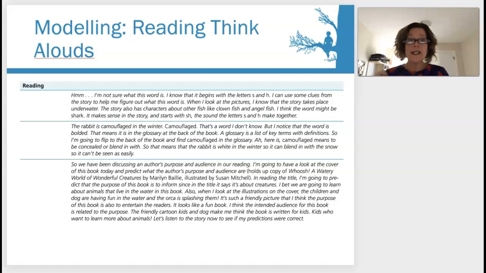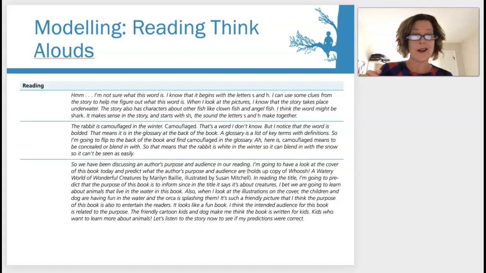Okay, so these think alouds are actually really interesting, because often we think about telling our students how to do something, but when we phrase it as, oh, I wonder if I tried this, or, oh, I never thought about that, it seems to connect better with the students.